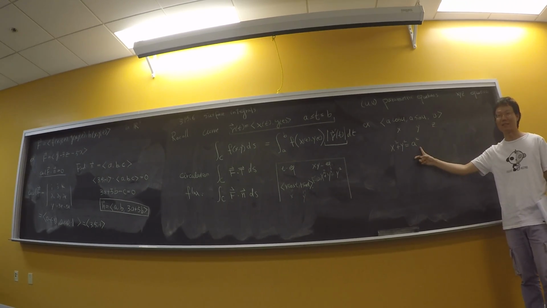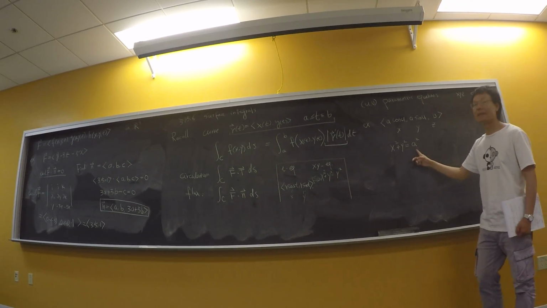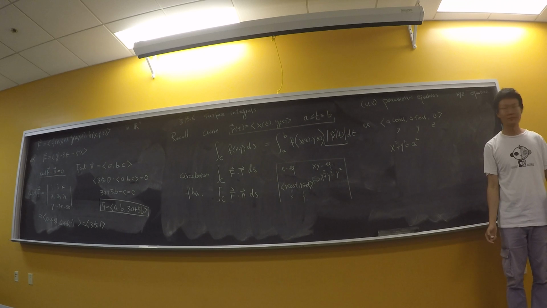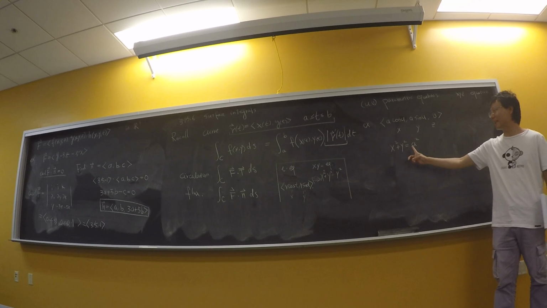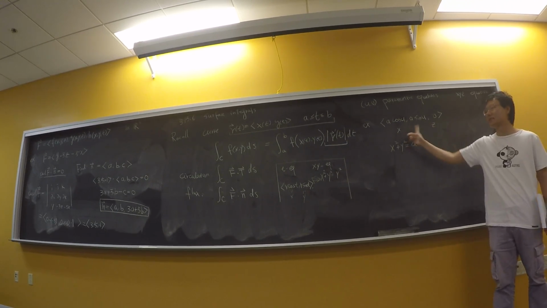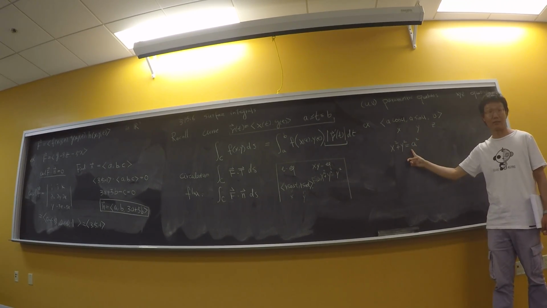When you don't have any z variable in here, what does it define? If your equation is missing one variable of the x, y, z, that equation defines a cylinder. All right? If you have an equation that does not even contain z, z has nothing to do with x and y. This equation defines a cylinder, remember?